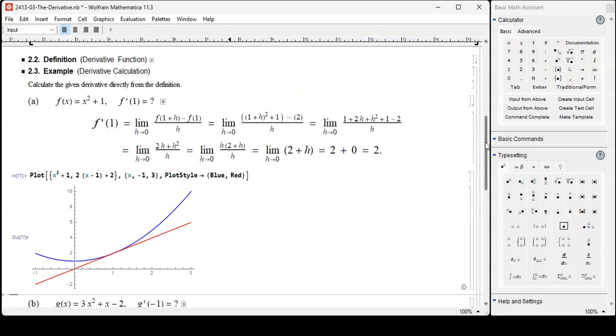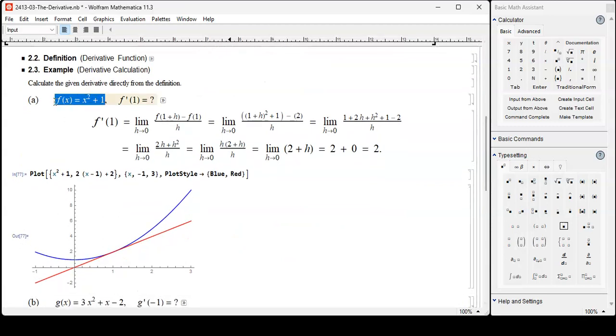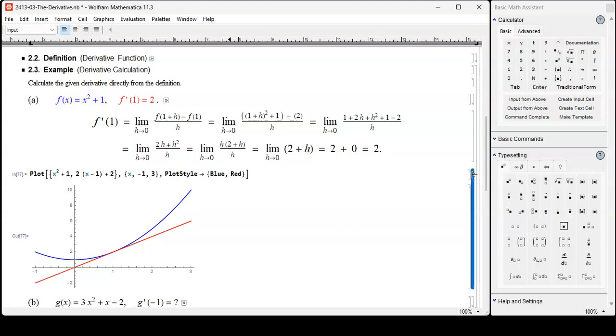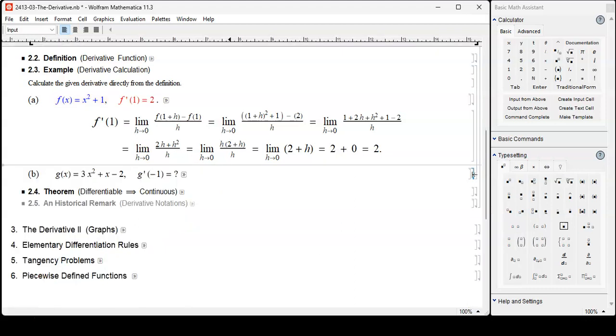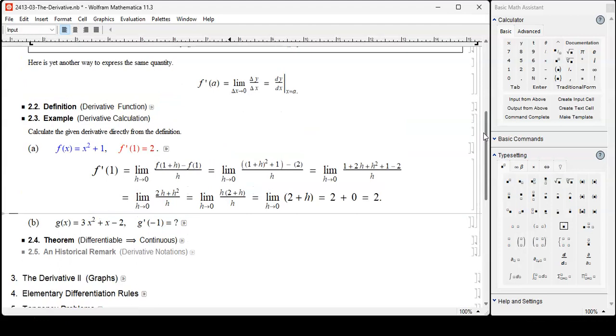Okay, I drew the curve f of x equals x squared plus 1. That's the blue curve. And at x equals 1 right here, the slope is 2. Plotting is left to the students. Okay, there goes one example.